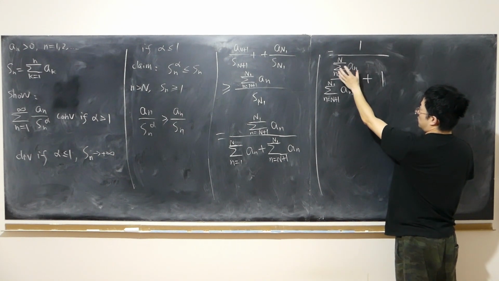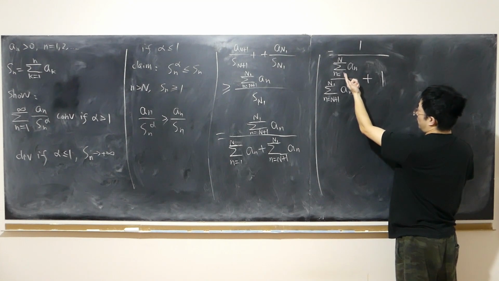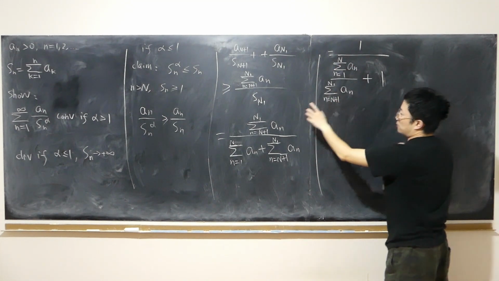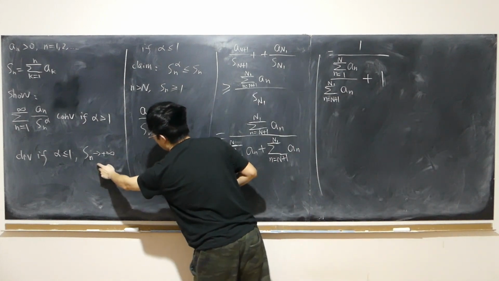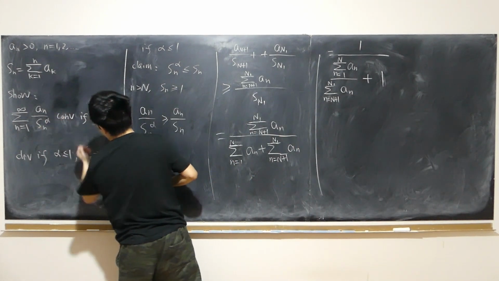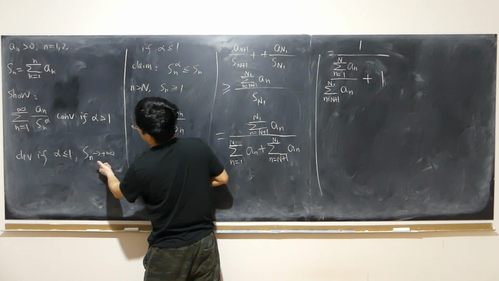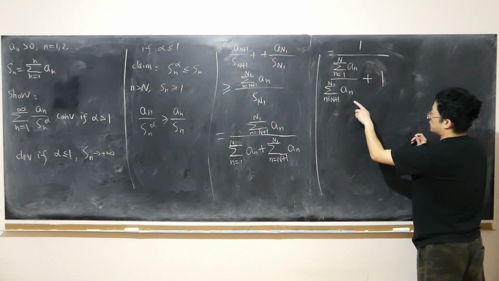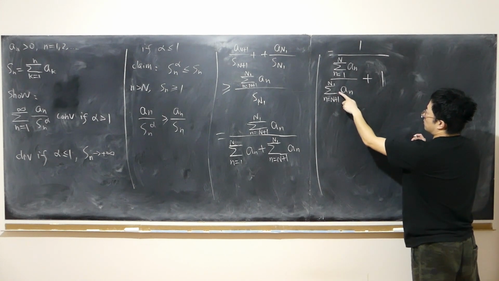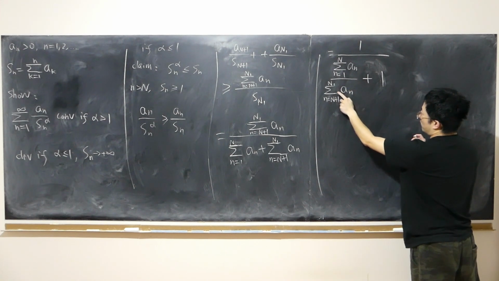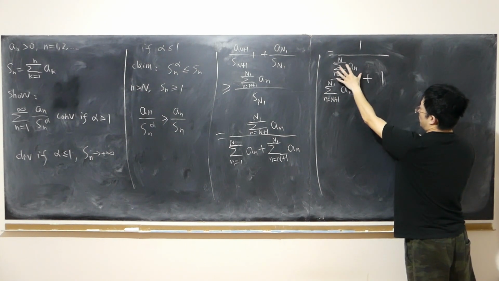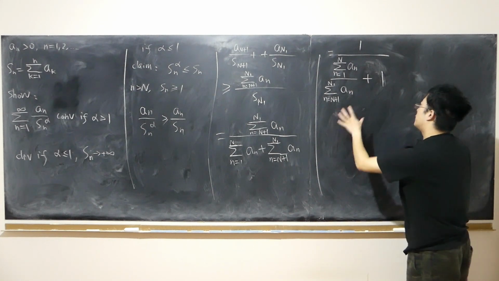No matter, capital N may be very big, but it's still fixed, right? Remember, Sn is given to be divergent to positive infinity. So that gives us the advantage of making capital N1 very, very big, big enough so that this partial sum is bigger than this partial sum. This is definitely achievable, right?